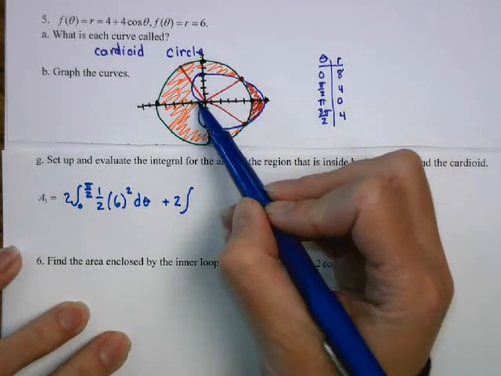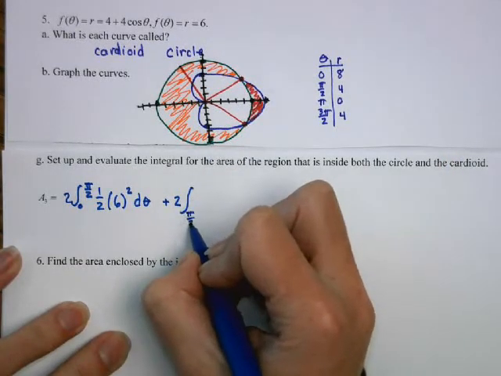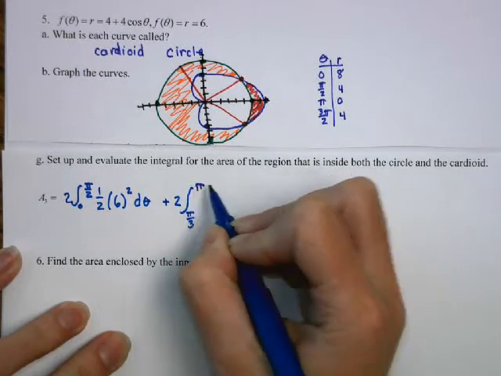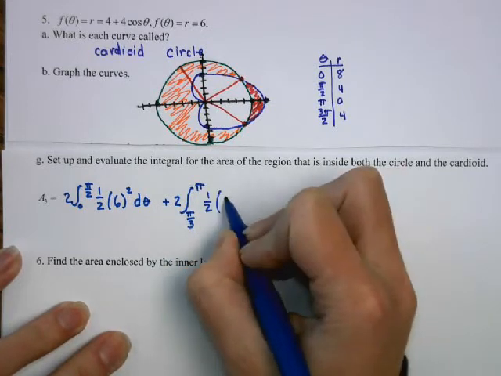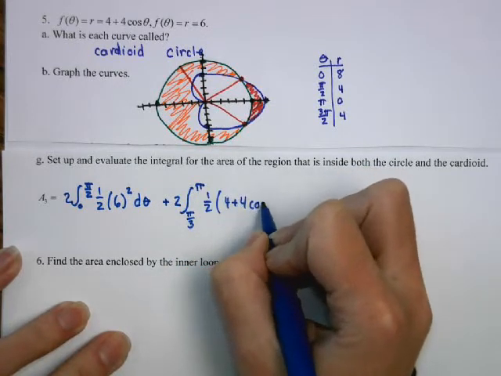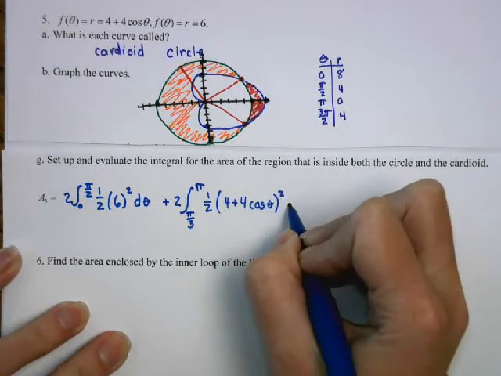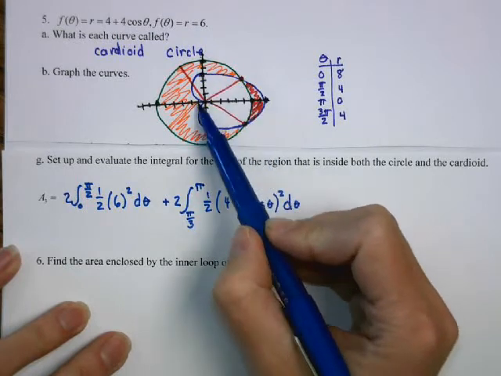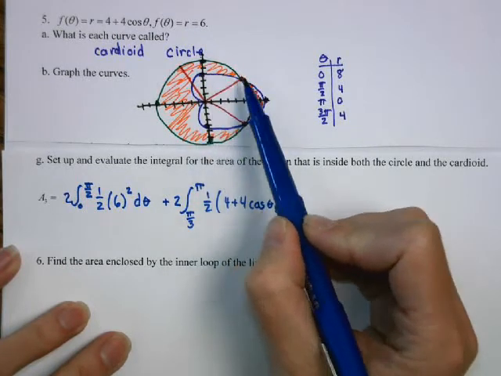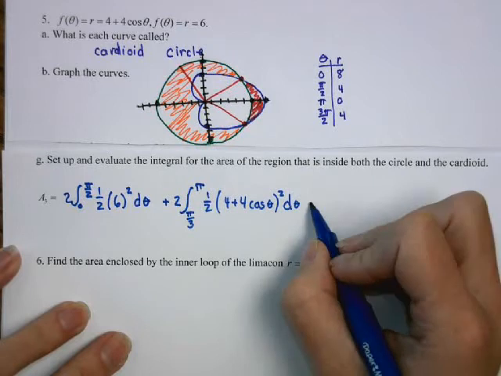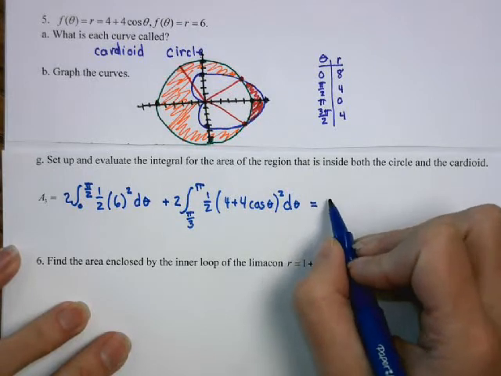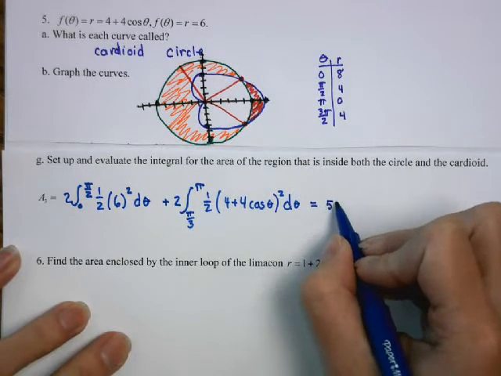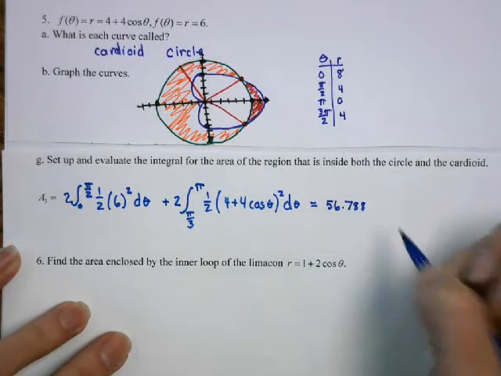So then this one is going to be from pi over 3 to pi of 1/2 the cardioid squared. So this here, and double it, plug that in the calculator and get 56.788.